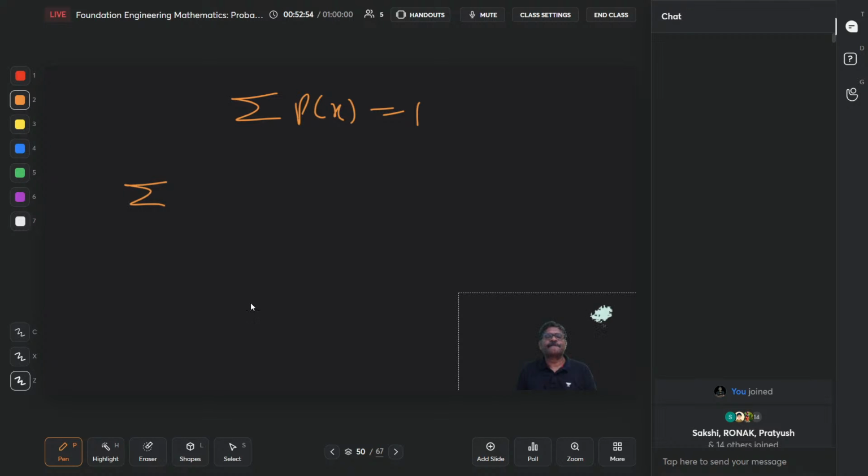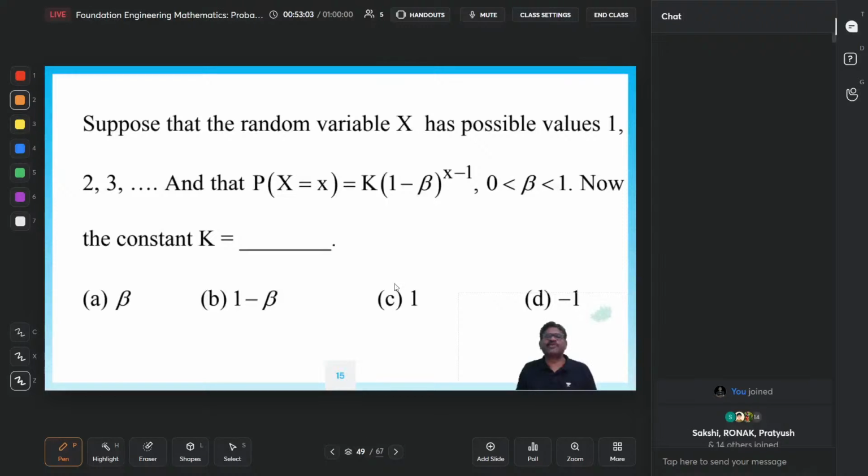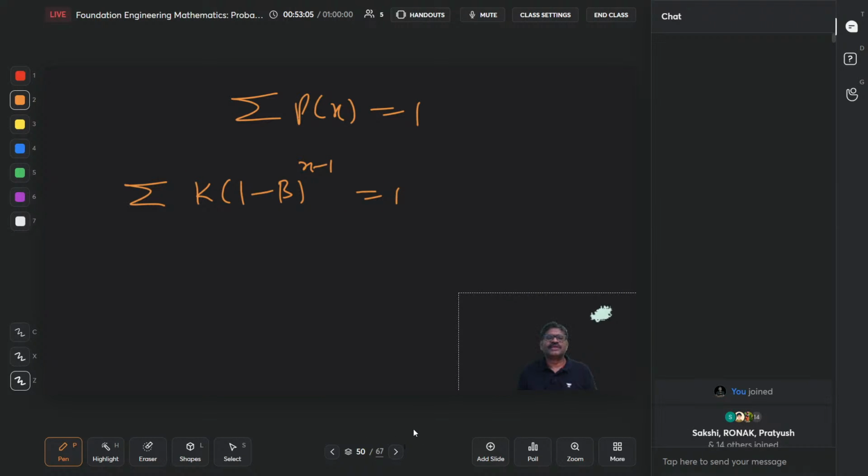Sigma k into (1 minus beta) whole power x minus 1 equal to 1. When x equal to 1, it will be (1 minus beta) whole power 0. If x equal to 2, (1 minus beta) whole power 1. If x equal to 3, (1 minus beta) whole square, and so on, equal to 1.